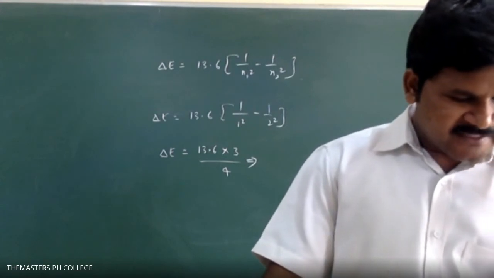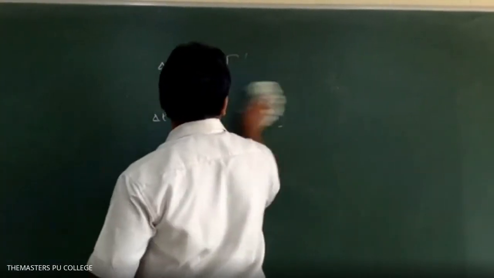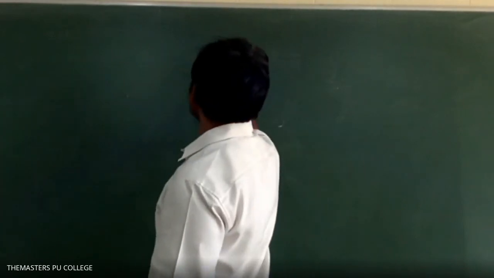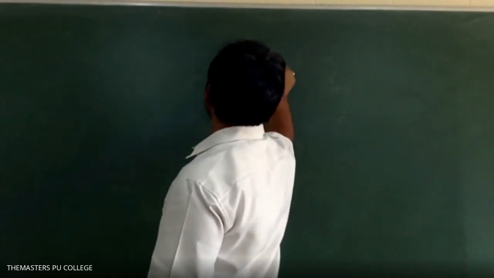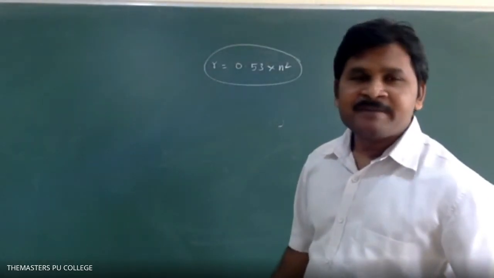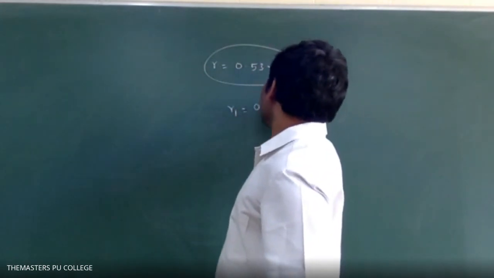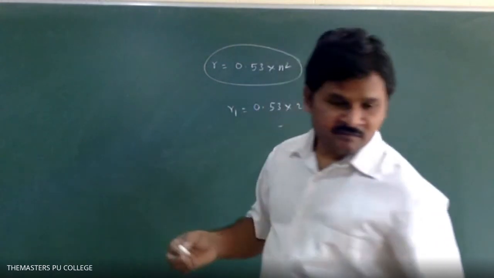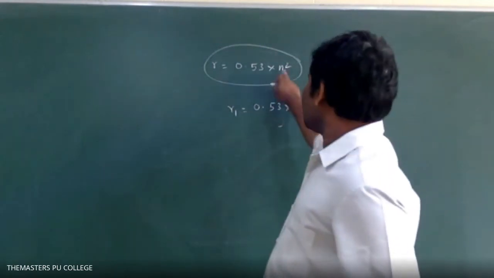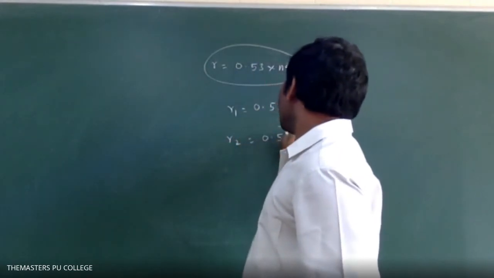Ratio of radii of second and first Bohr orbit of hydrogen atom. The radius formula is r is equal to 0.53 into n square. Comparing two radii, r2 is equal to 0.53 into 2 square for the second orbit, and r1 is equal to 0.53 into 1 square for the first orbit.